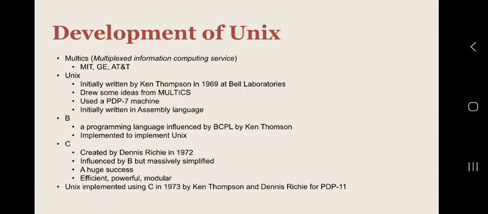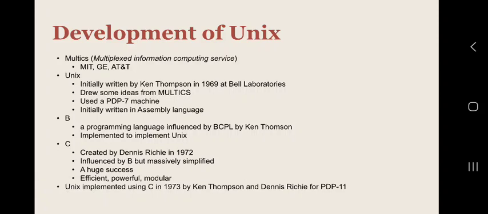But again, it was a little cryptic and it lacked some functionalities that an operating system developer wanted in a high level programming language. That's when Dennis Ritchie came up with the C programming language, which drew ideas from both BCPL and B. He developed it in 1972, and it was a huge success because it was efficient, powerful, and modular.